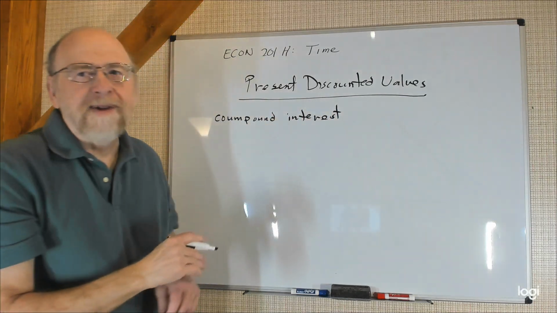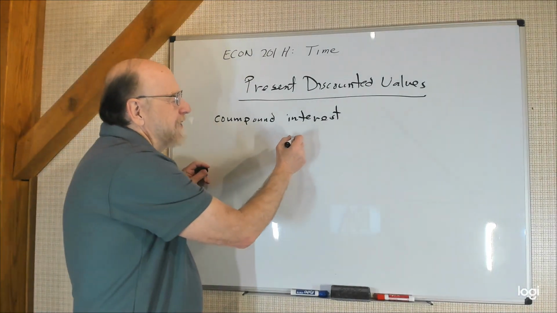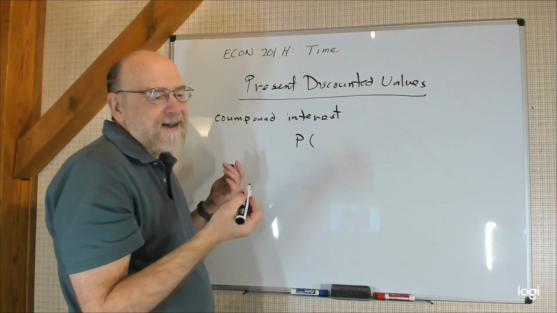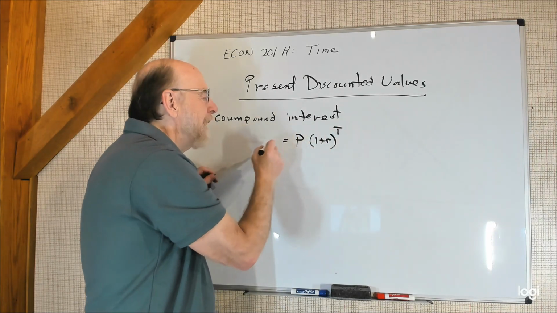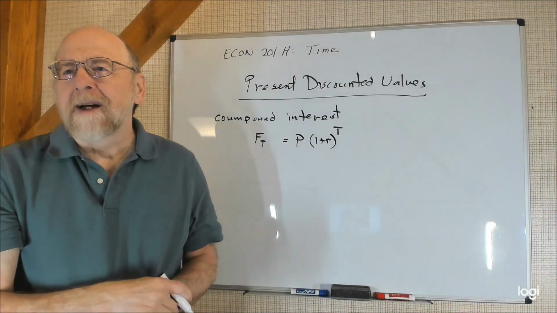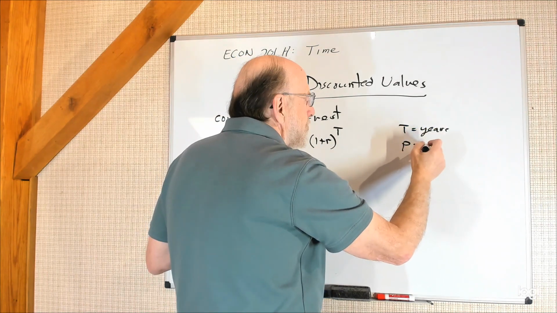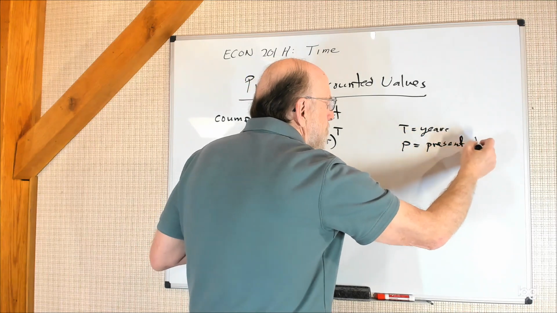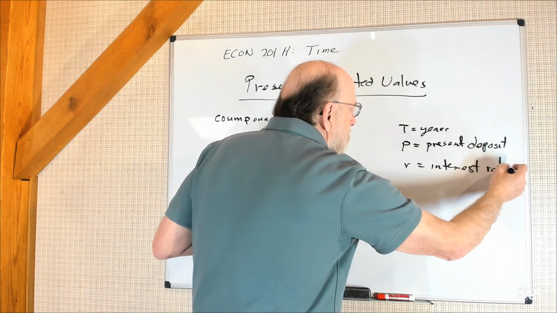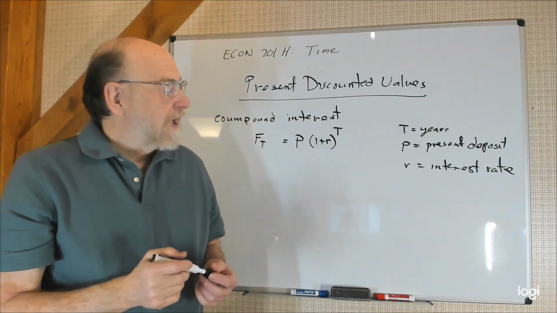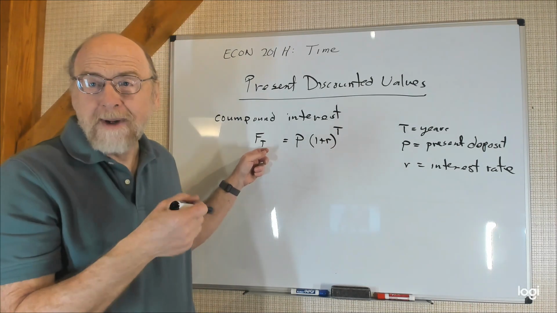So the best way to introduce the idea of present discounted value is to think about compound interest. Right, so if you put some amount in the bank or tied up in some other interest-bearing asset like a bond, and you go back in 2 years, the amount you're going to get back after letting the interest accumulate and compound will be FT, right?